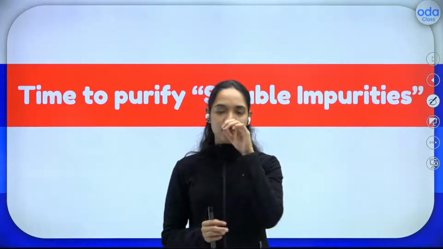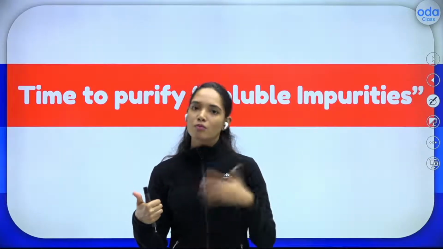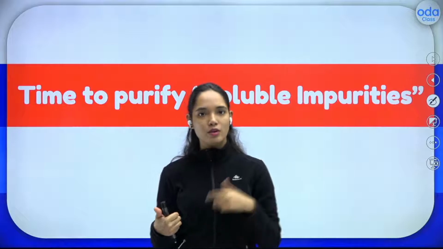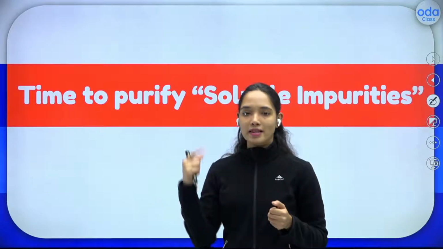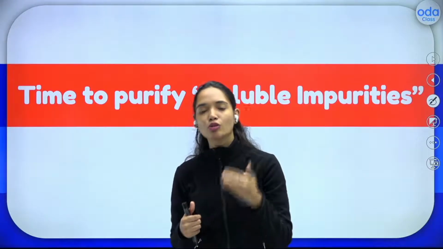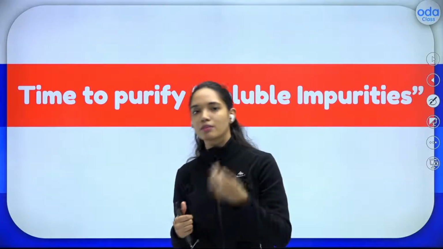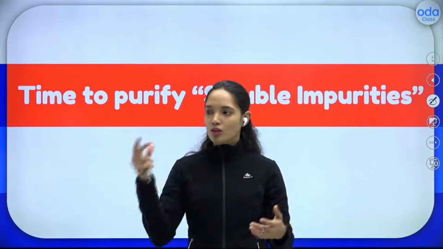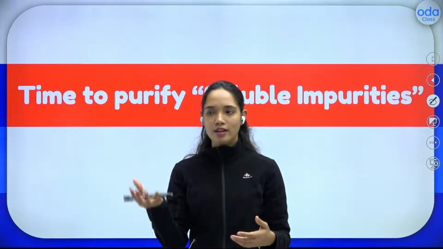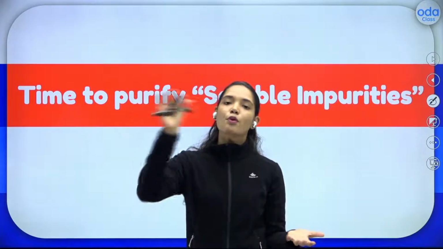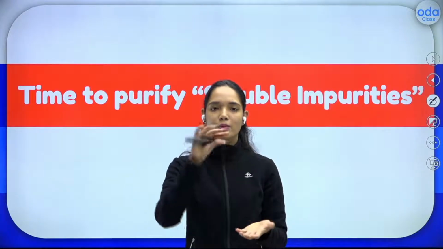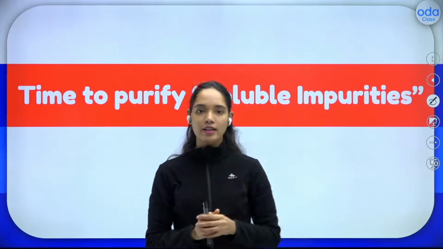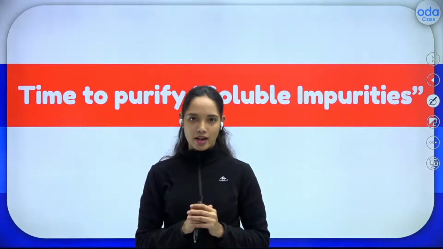One is filtration using filter paper, which works like a strainer, followed by sedimentation, where we allow those particles to settle down at the bottom. And then what do we do in decantation? We use that sedimentation product and we pour it. The top water will be poured into another clean container. That is your sedimentation and decantation.